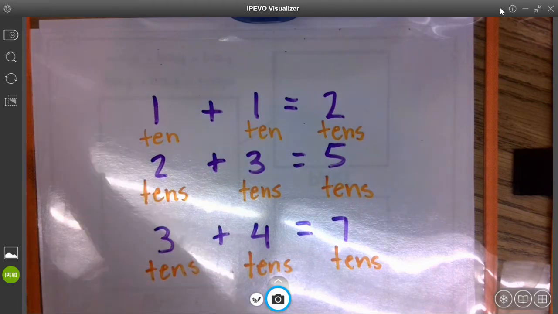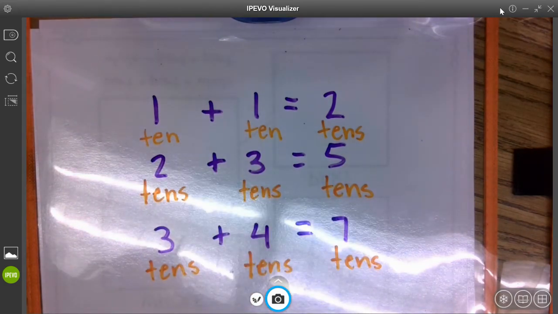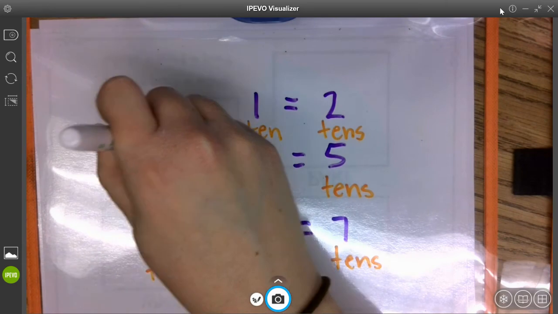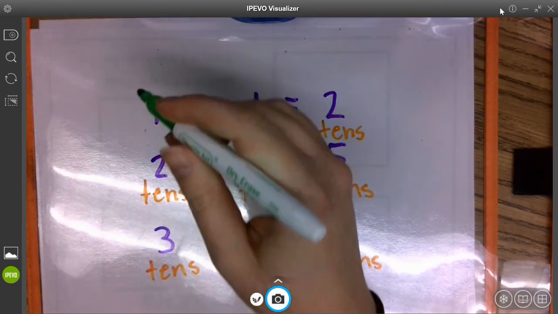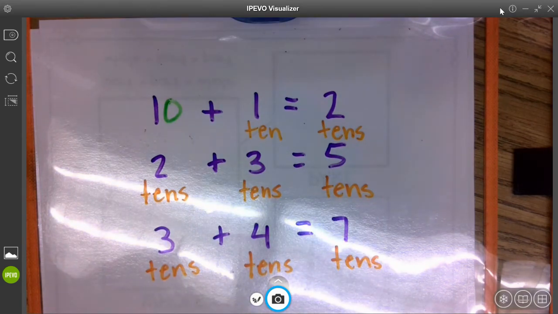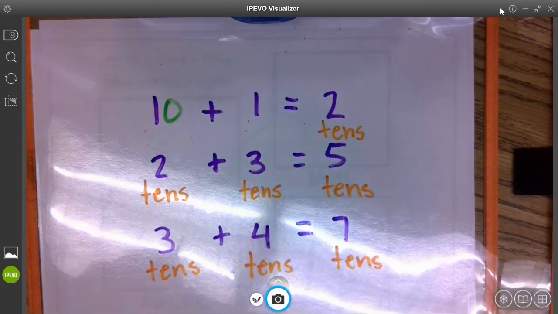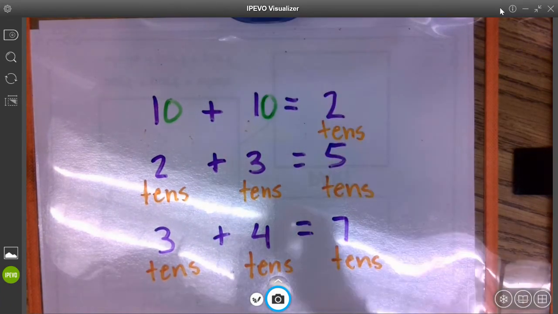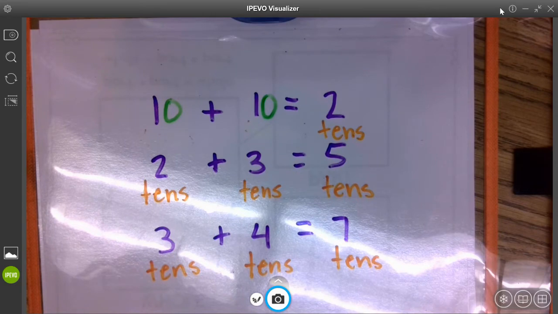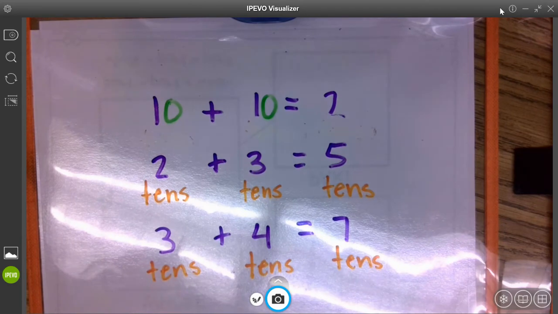So when I am saying that I have 1 ten, what number do I have? 1 ten is the number 10. 10 plus 10 equals 2 tens. What's 2 tens? 20.